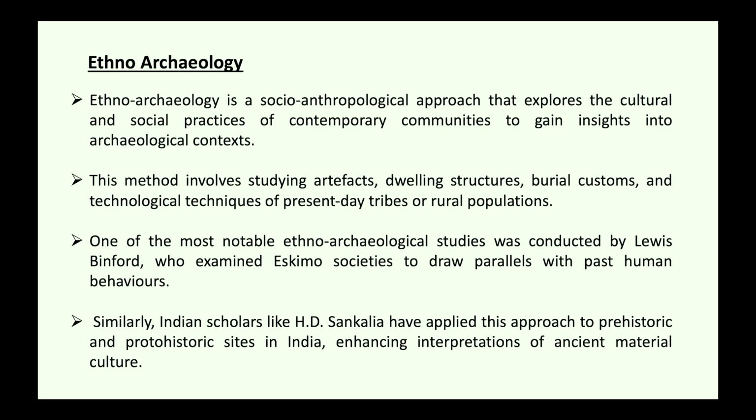Similarly, Indian scholars like H.D. Sankalia have applied this approach to prehistoric and protohistoric sites in India, enhancing interpretations of ancient material culture. A comprehensive and comparative approach ensures a more accurate reconstruction of ancient lifeways and technological adaptation.